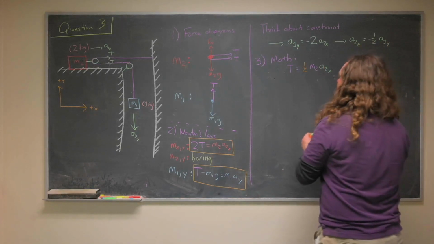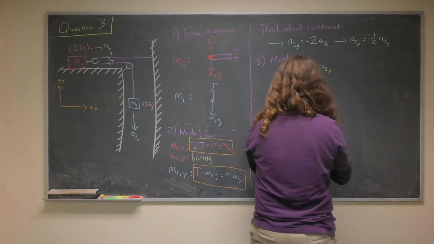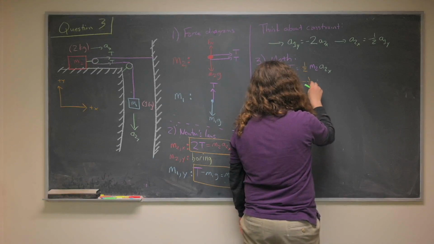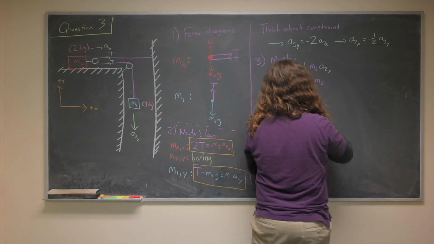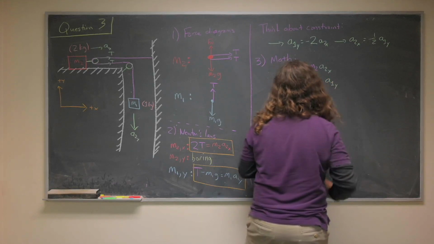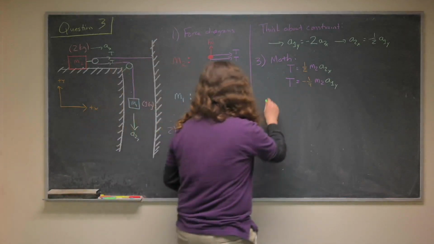So let's put that in. So 1/2 times a 1/2 is 1/4 M2 A1y. So now I found an expression for tension.